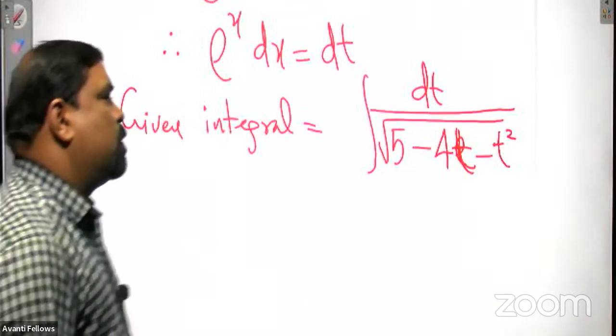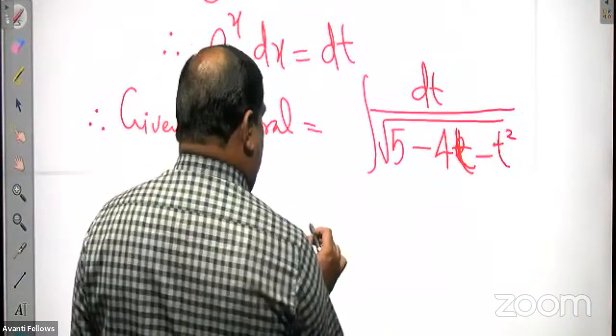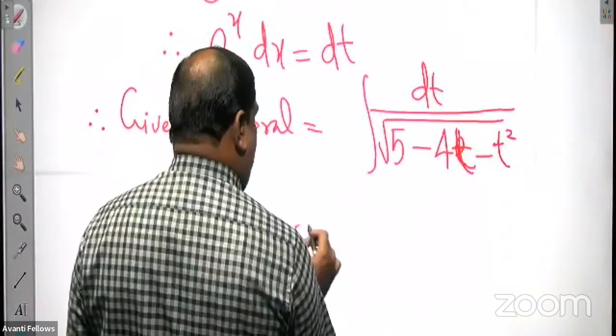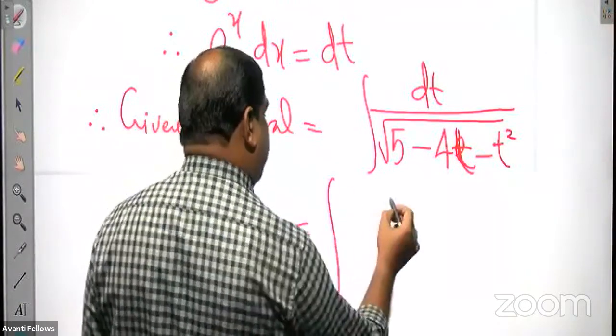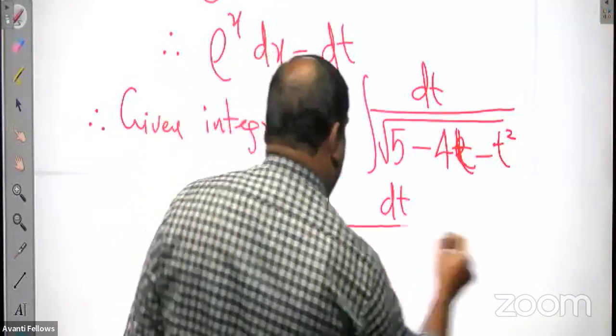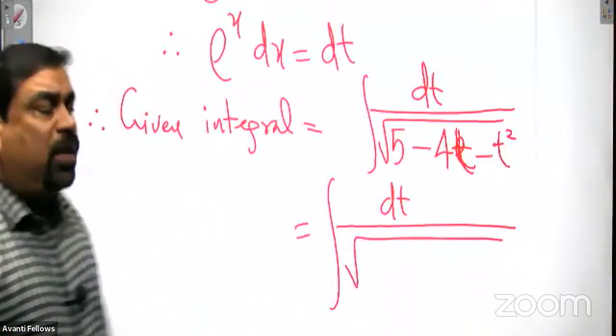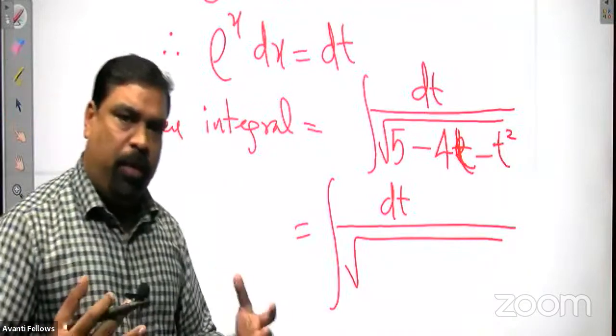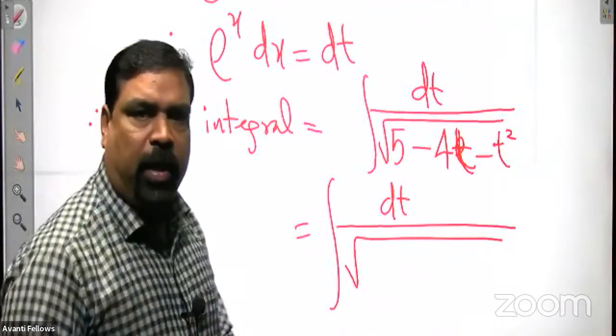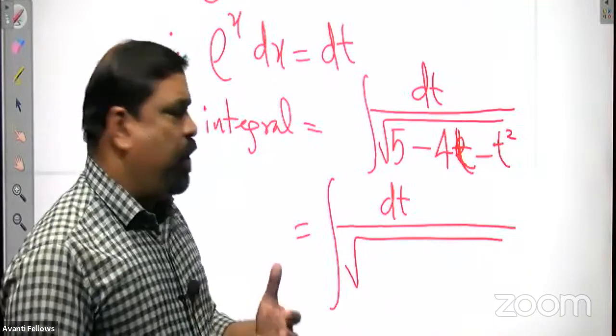Now this is 1 by root of a quadratic form. You know? Inside the root, there is a quadratic polynomial, quadratic expression. So we know the method actually.